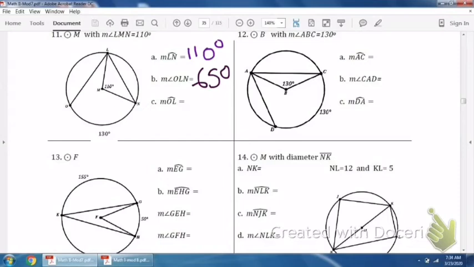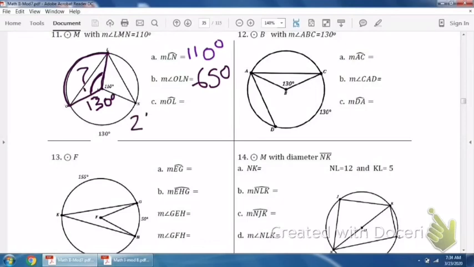Okay, and for the last one now, they're asking us for the measure of the arc from O to L. Okay, so again, we're going to make the arc from O to L, connect it to the middle to make a central angle, and they're trying to ask us now, what is that angle right there? Okay, well, we know that one's 130. That one's 110.